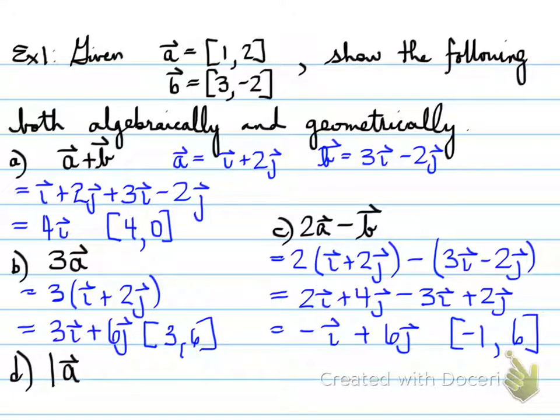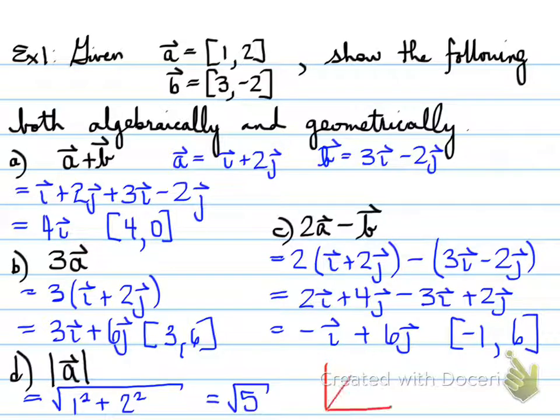The last one we have is the absolute value of A. Absolute value of A is asking us to find the length, the magnitude, of vector A. To find the magnitude, we just take the x value and square it, plus the y value and square it, and that will give us root 5.